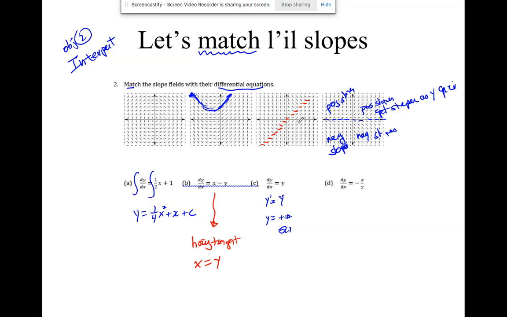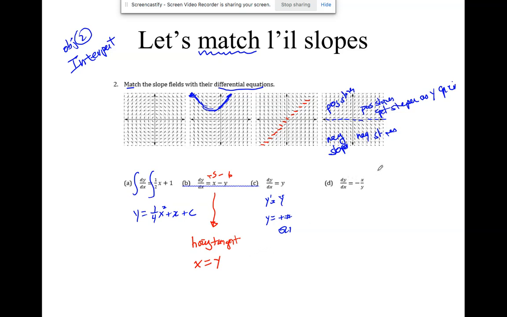Let's see at the point, I don't know, -5, 6. Right? -5, 6. So what if this was -5 and 6? What would the slope be? -5 minus 6 is -11. At about -5, -6. Do I see a negative and almost vertical slope? Yeah. It's kind of hard to tell there, but right. So that's how I guess and check.